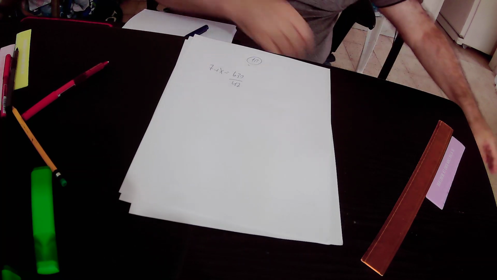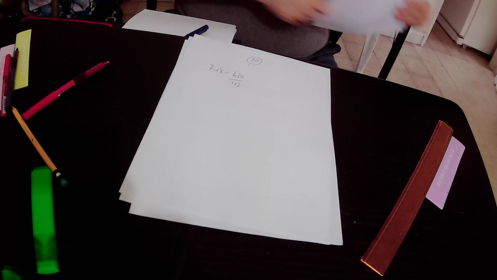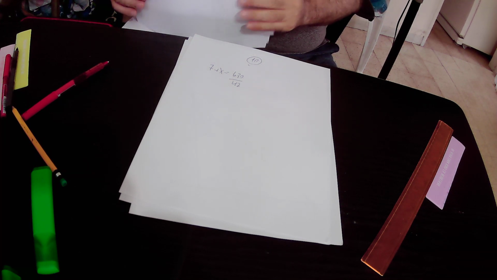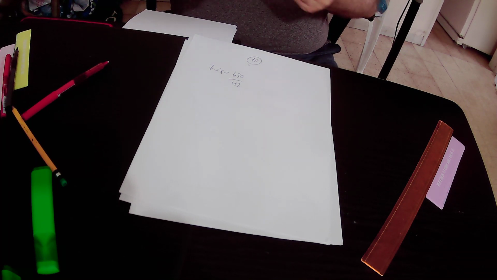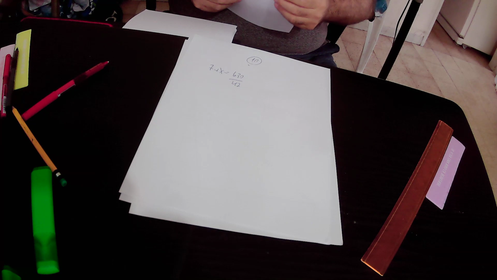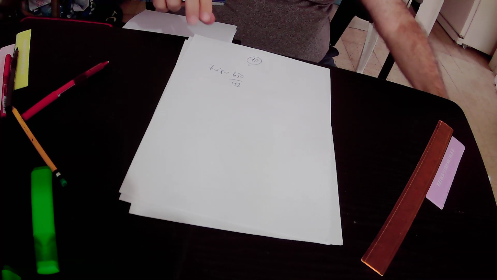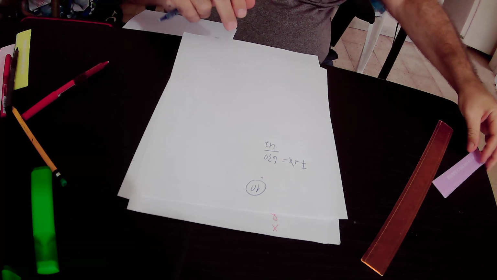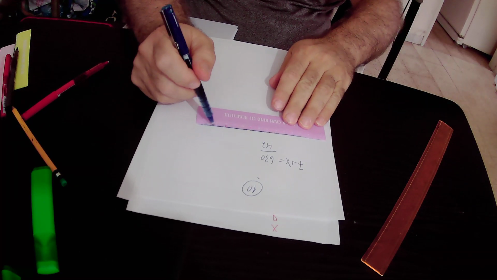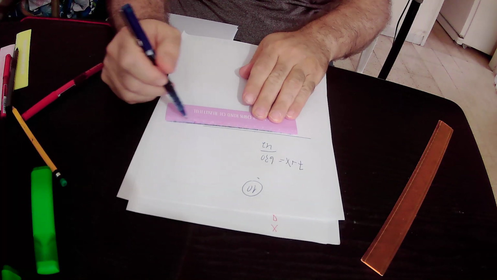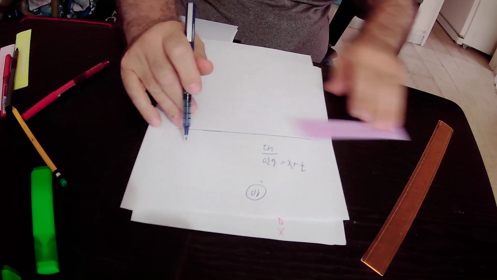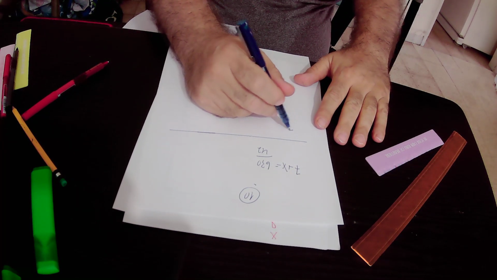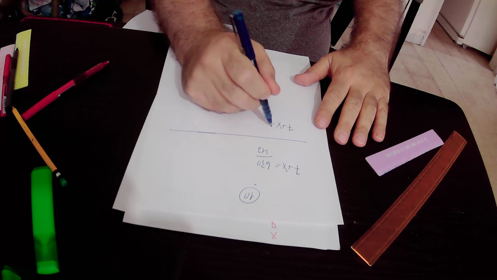Here 630 over 42 is 15, so I write it down. 7 plus x equals 15.